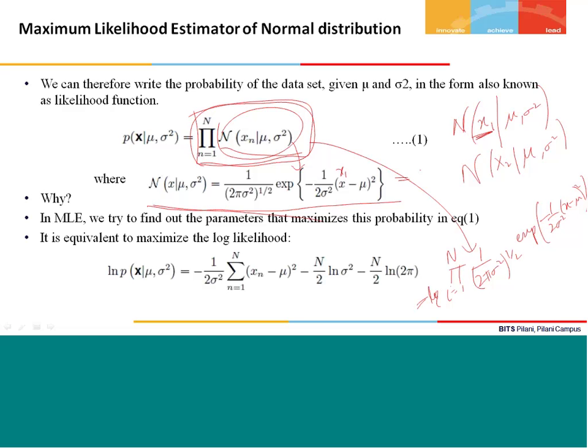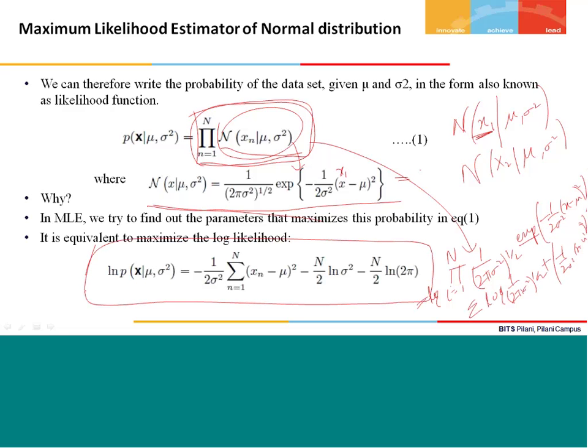So the product goes to the sum, of log of 1 over (2 pi sigma square) to the half, plus, since the exponential gets cancelled by the log, minus (x minus mu) square over 2 sigma square. So when you do it, you will get this expression.